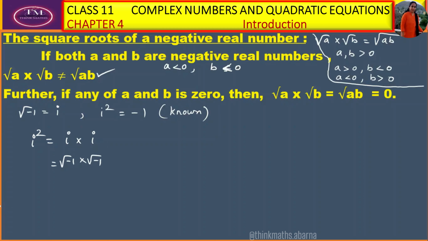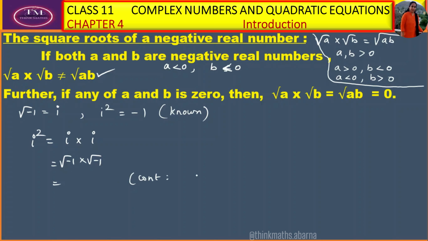So I substitute the value of i as root minus 1. We all know root A into root B is equal to root AB. But I am saying that if both are negative, as here, this doesn't hold. Suppose it is holding, that is root A into root B is equal to root AB. So I am assuming a contradiction.